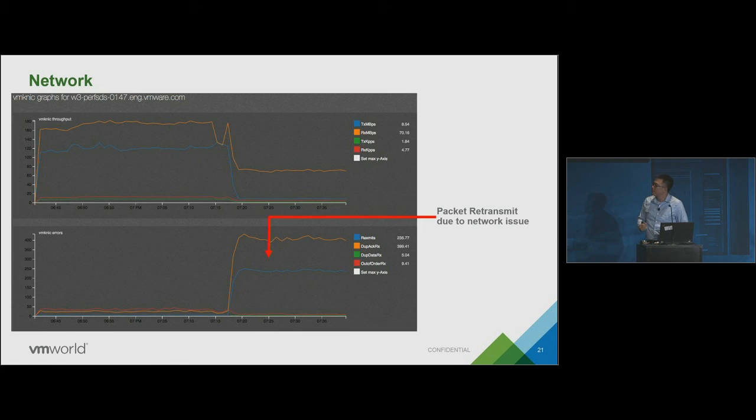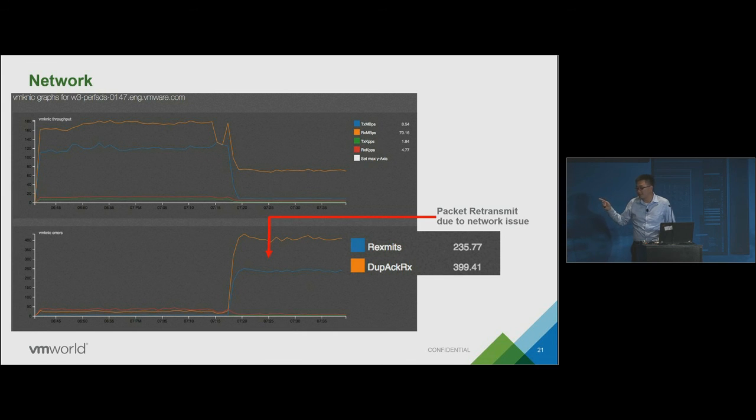So here we find that during the problematic period, that particular host has very high dupACK RX stats, which will further cause retransmits. Let me explain this further. DupACK RX means that this host receives duplicate acknowledgements from the receive end. The receive end will do that only when they cannot get the correct packets.